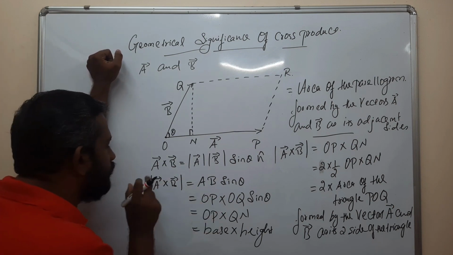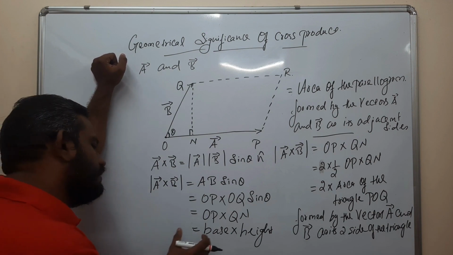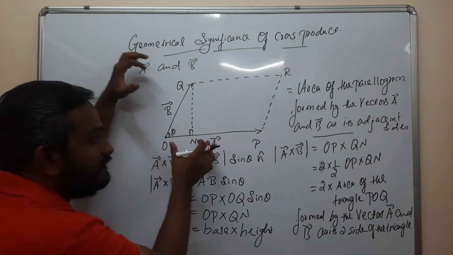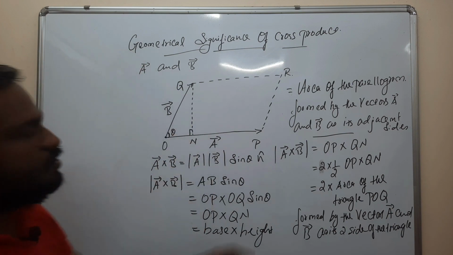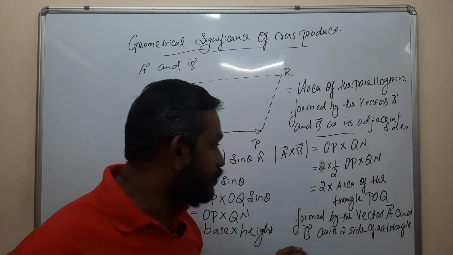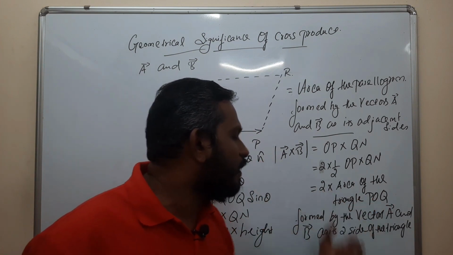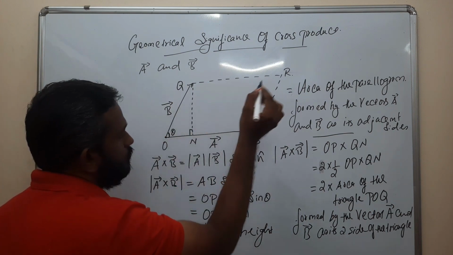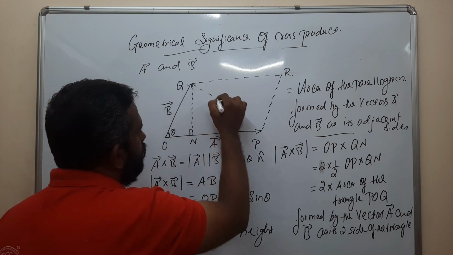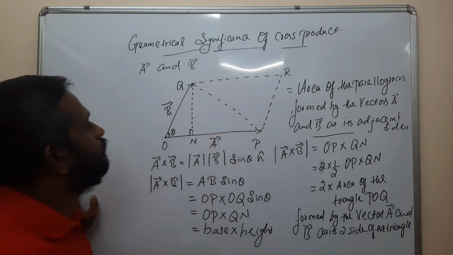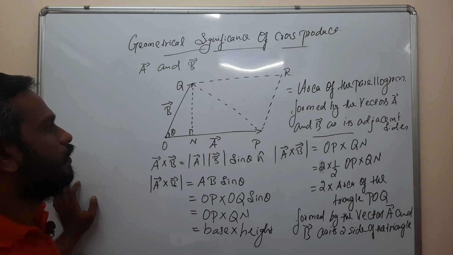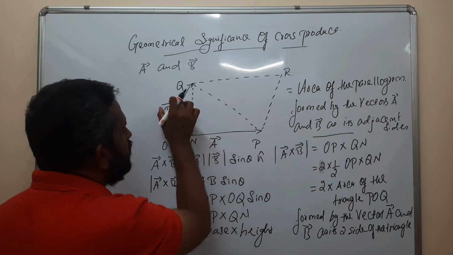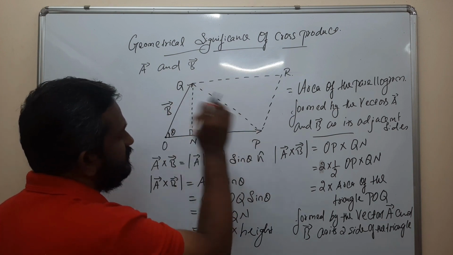The magnitude of A vector cross B vector is the area of the parallelogram formed by the two vectors A vector and B vector as its adjacent sides. Second, the modulus of A vector cross B vector is equal to twice the area of the triangle POQ formed by the vectors A vector and B vector as its two adjacent sides.